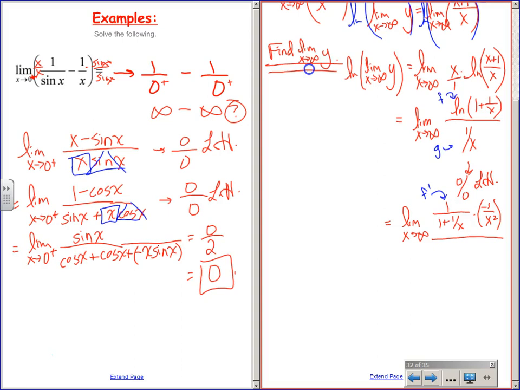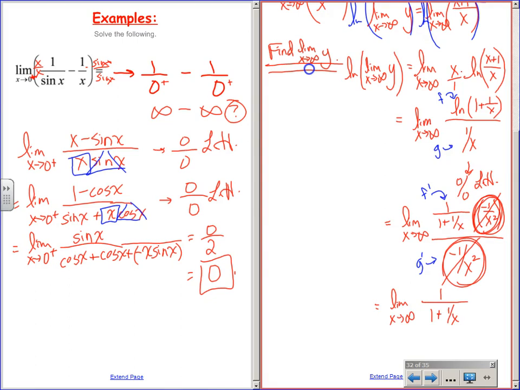Now looking for g prime from my g. Derivative of 1 over x is negative 1 over x squared. Check it. They reduce.